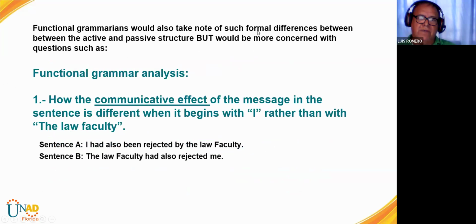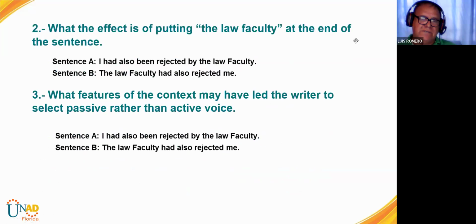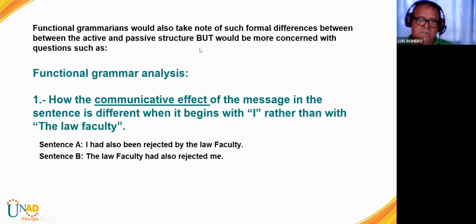Functional grammarians would also take note of such formal differences between the active and passive structure.